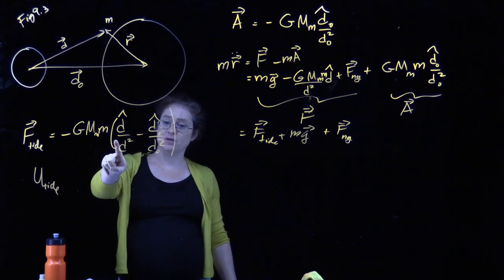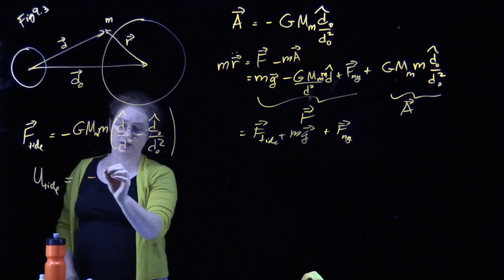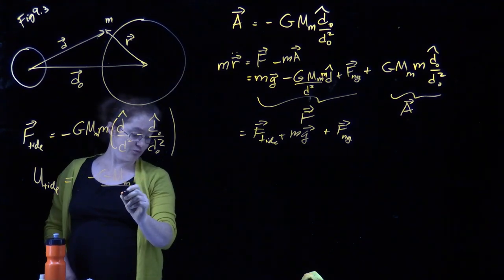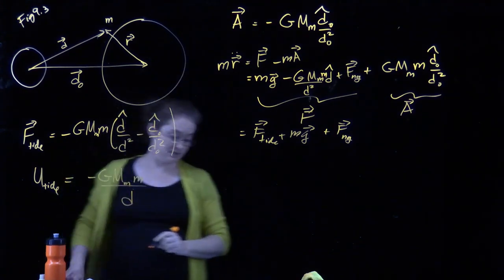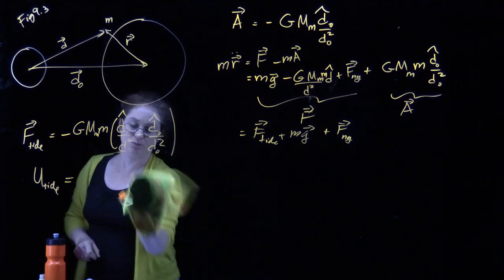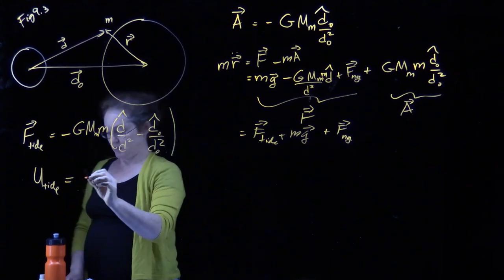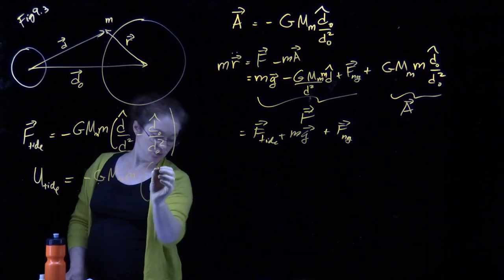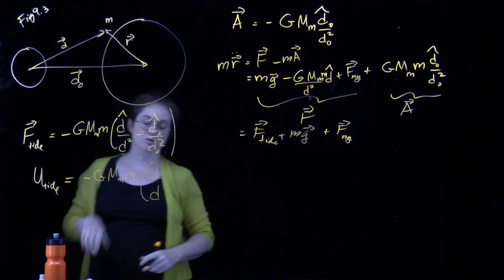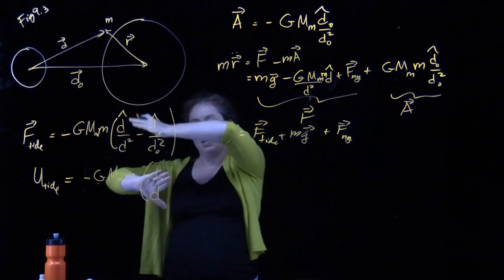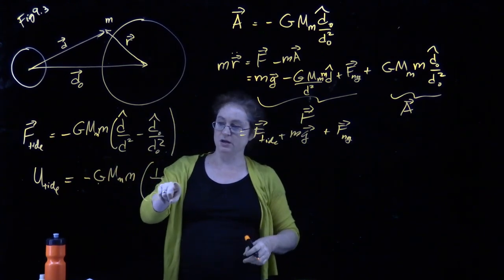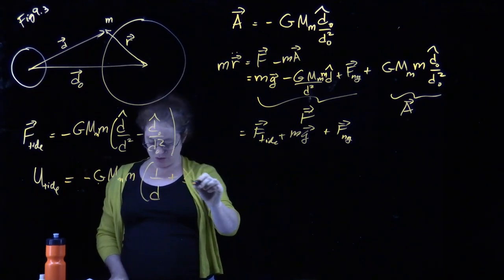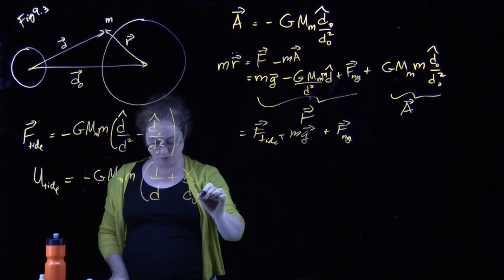So we have negative GMm over, in this case, let me do what the book did and factor out those constants. Negative GMm, and then 1 over d. So when we integrate f dot dx, we get a 1 over d here, and then here we get an x over d naught squared.